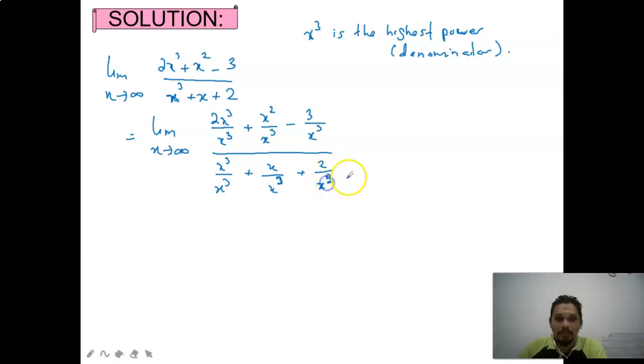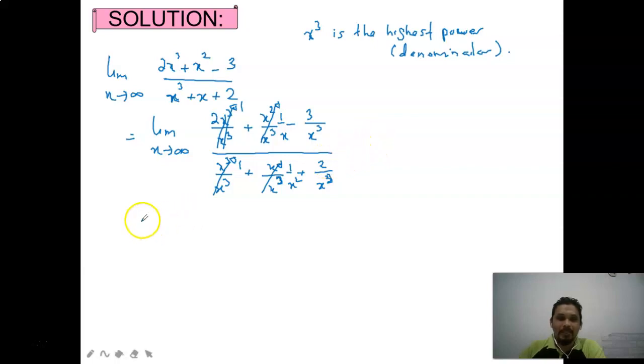Okay, so x cubed divided by x cubed equals 1, and x cubed divided by x cubed equals 1, and this gives us 1 over x, and this one gives us 1 over x squared.